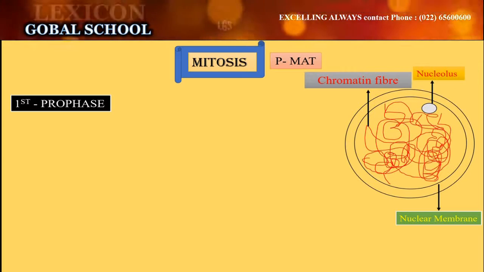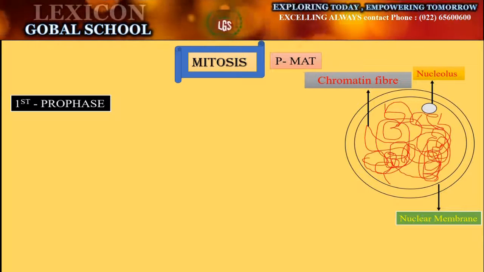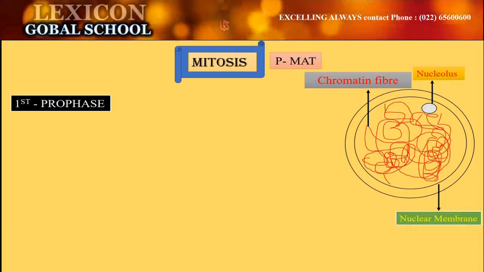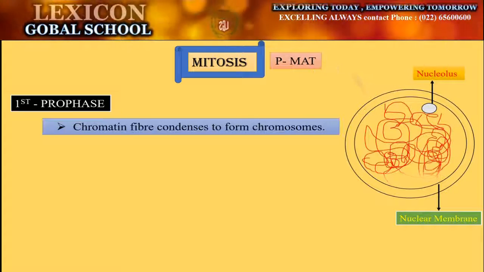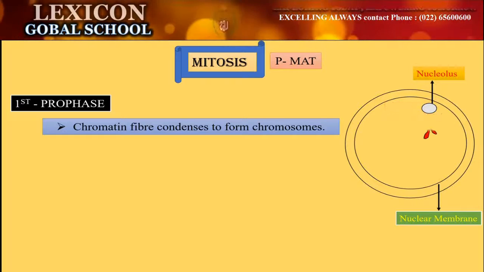When prophase starts, the chromatin fiber present will start condensing and form chromosomes.